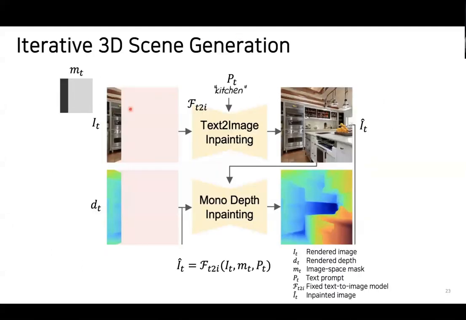By passing the rendered image, this mask, and the text prompt through the text-to-image inpainting module, we can obtain an inpainted image like this. In this case, the text-to-image inpainting module is the frozen Stable Diffusion.